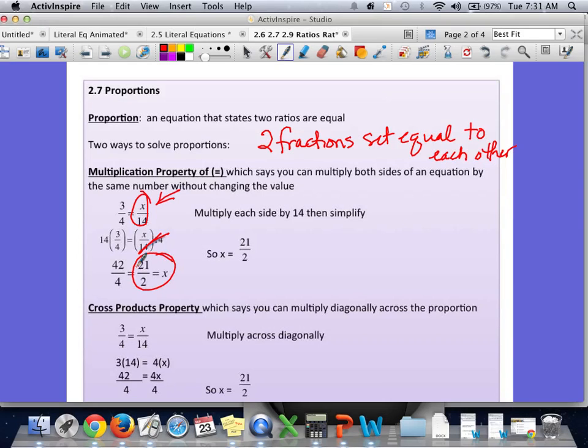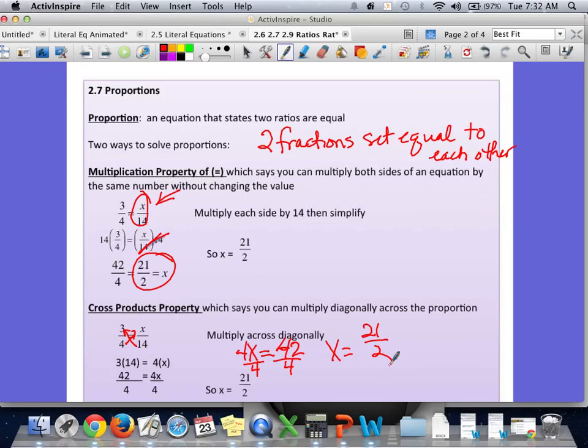Okay? Or you can simply cross multiply, which means you cross and diagonally multiply. So you can do 4 times x, and that's equal to 3 times 14, which is 42. Divide both sides by 4, and x would still be 21 divided by 2.